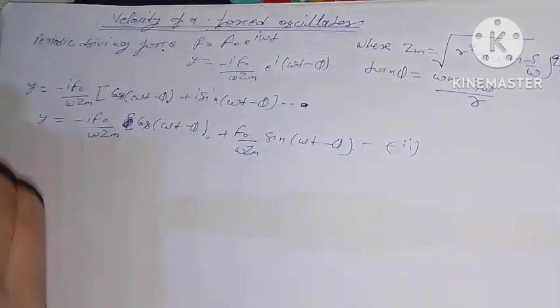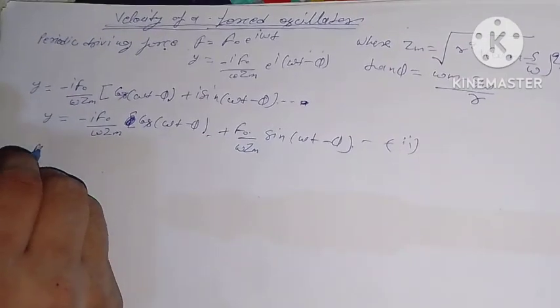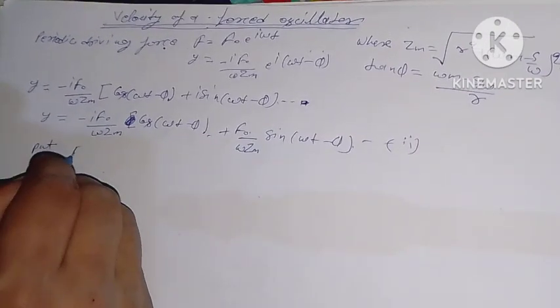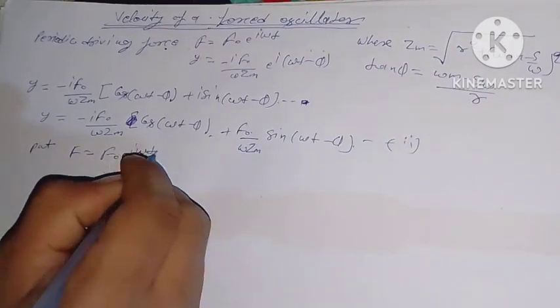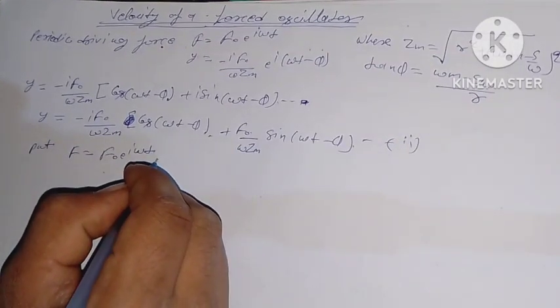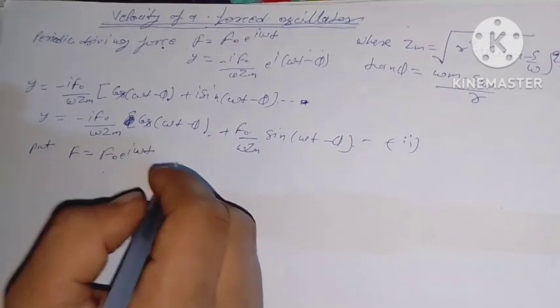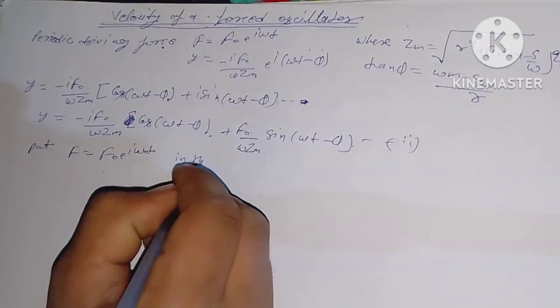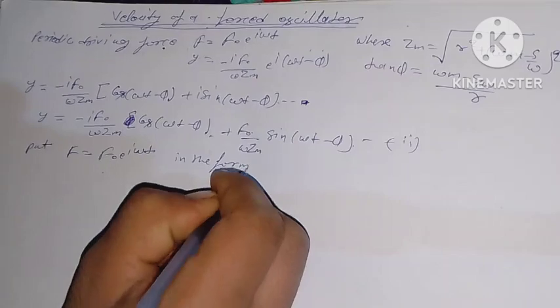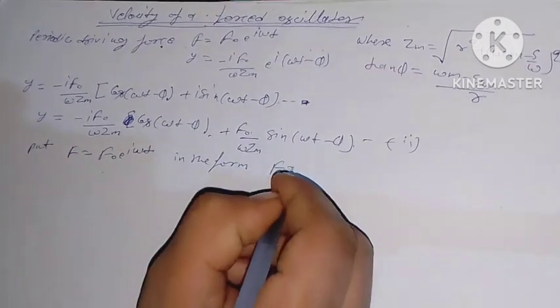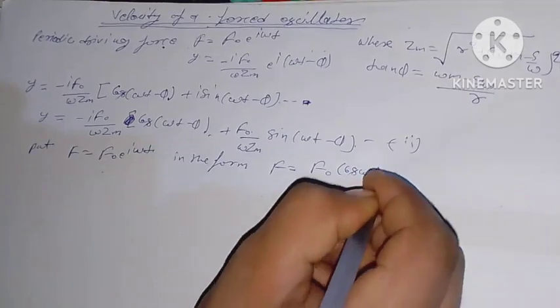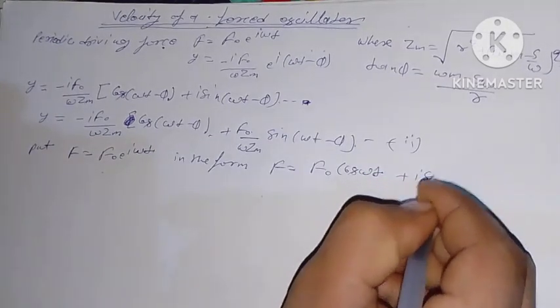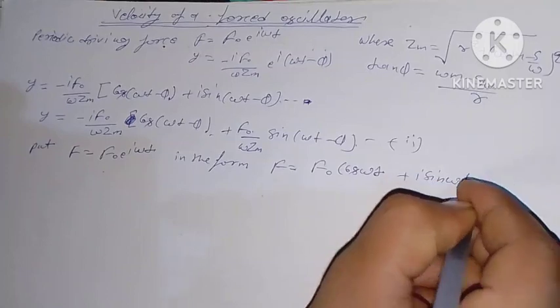Put F equal to F naught e to the power i omega t in the form F equal to F naught cos omega t plus i sin omega t.